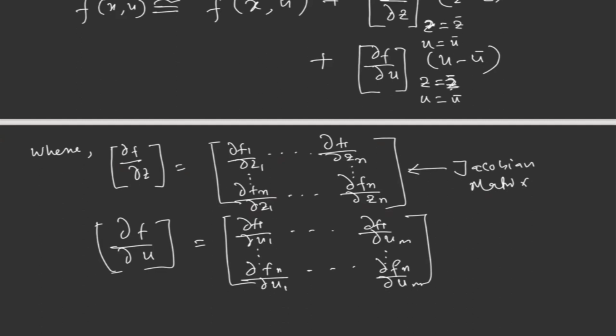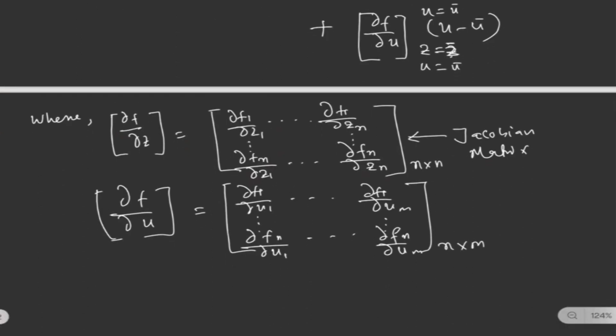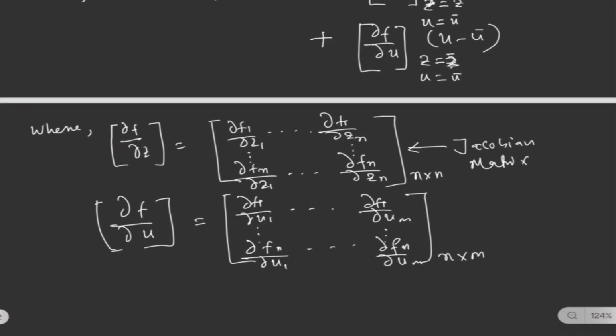The dimension of the first matrix is n cross n, and this one is n cross m. This is also a Jacobian matrix, for the control part. This one is called the state matrix and this one is called the control matrix, but we'll talk later about how we connect these to our systems. This is how we find the Jacobian matrix for the system.